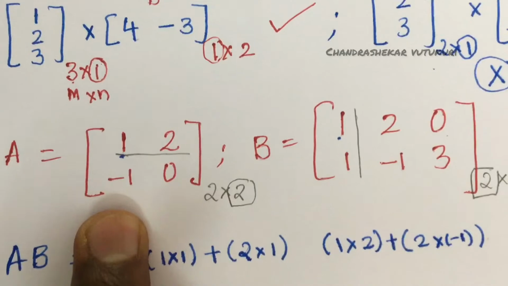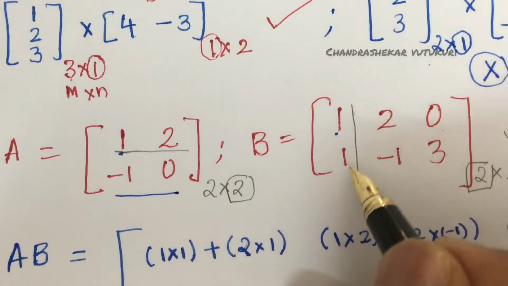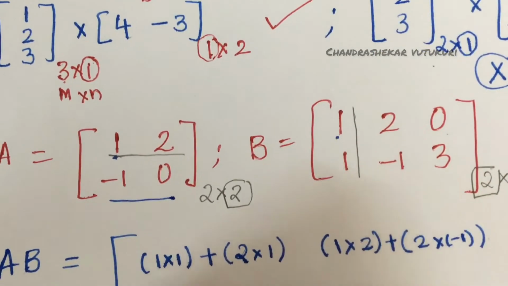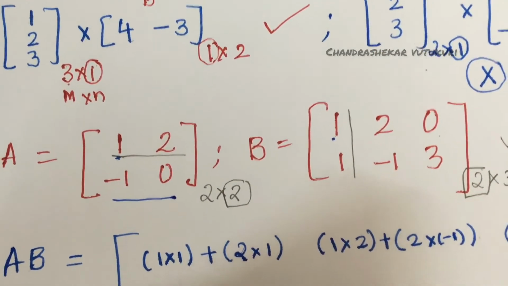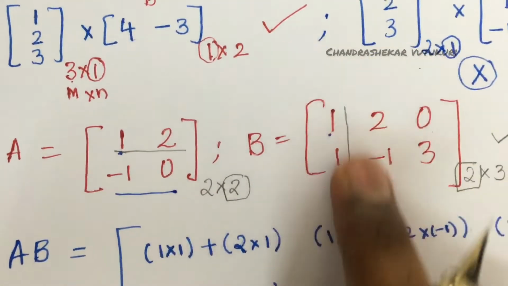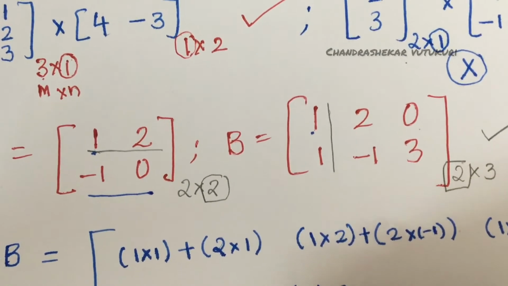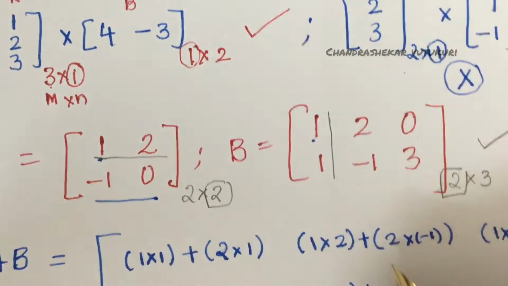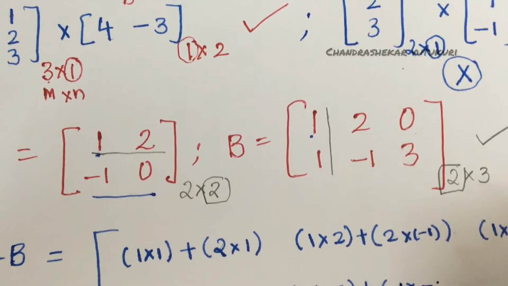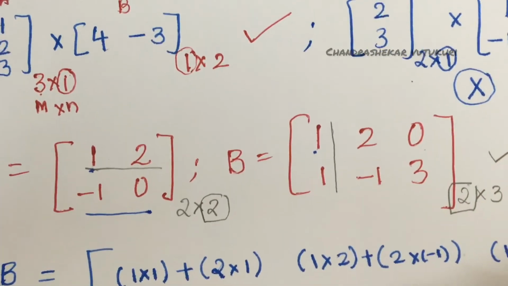Let us take into consideration the second row in the A matrix, which needs to be multiplied with all the columns of the B matrix, that is minus 1 into 1 plus 0 into 1, isn't it, dear students? Later, minus 1 into 2 plus 0 into minus 1.